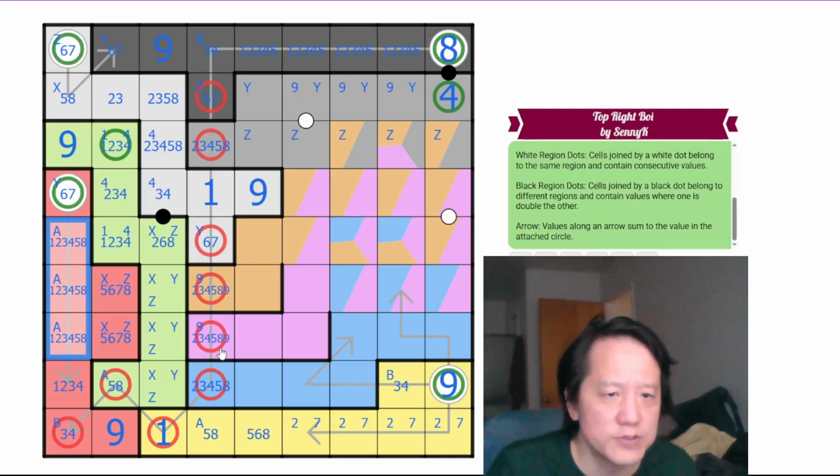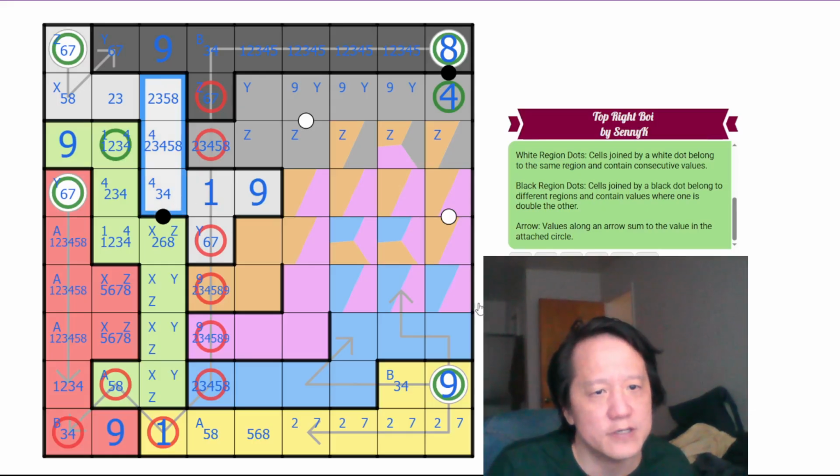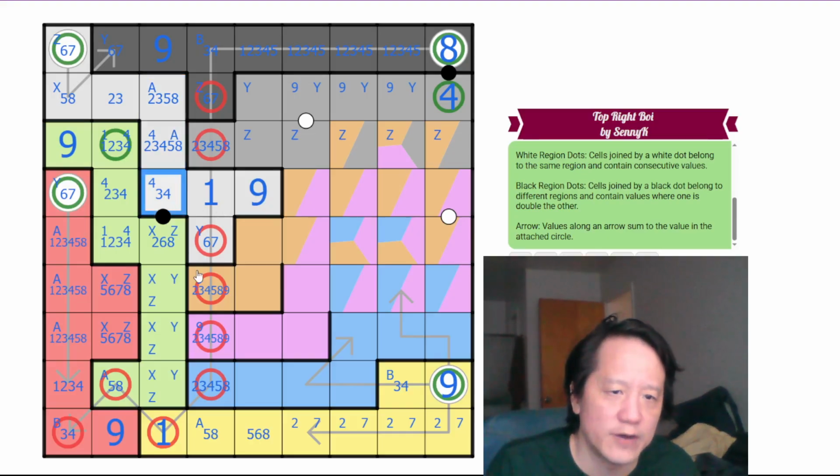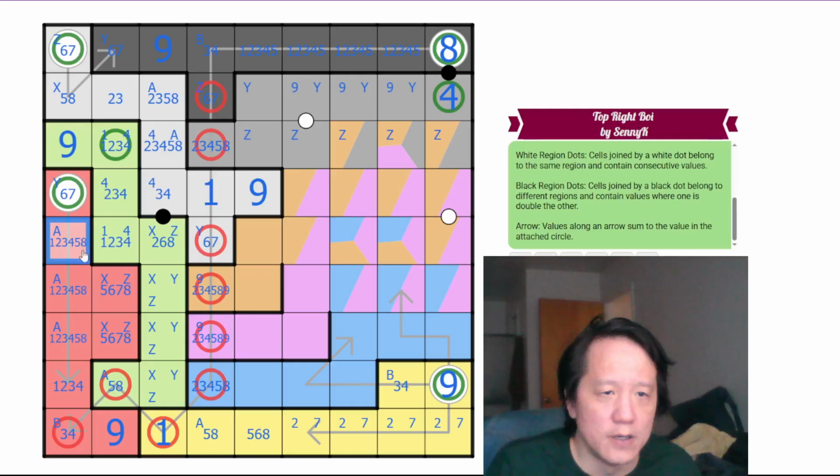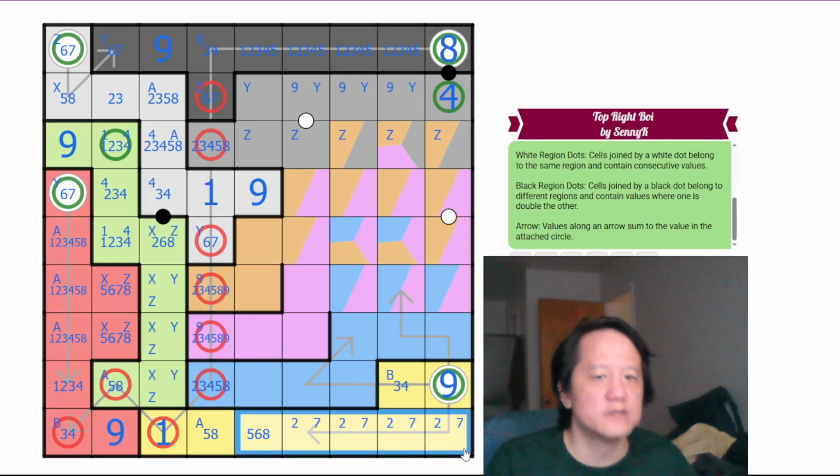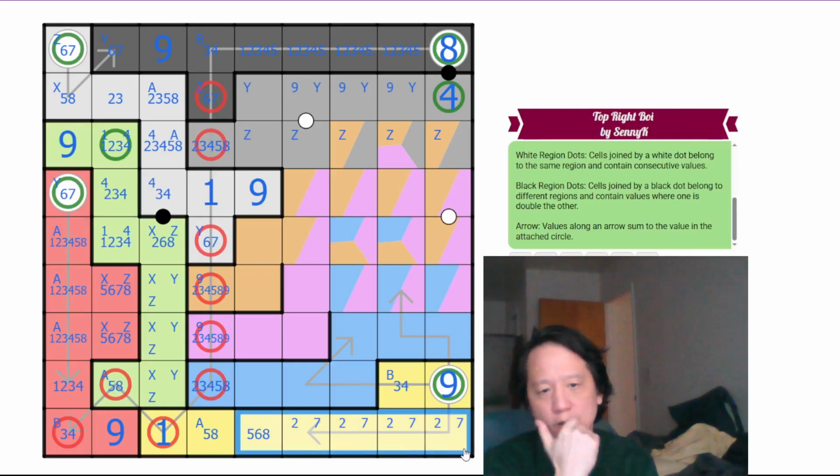A has to be one of those 3. A is here. A has to be one of these 3. It's 5 or 8, so it's one of those 2, really, because this can't be 5 or 8. X is one of these. We don't know which.